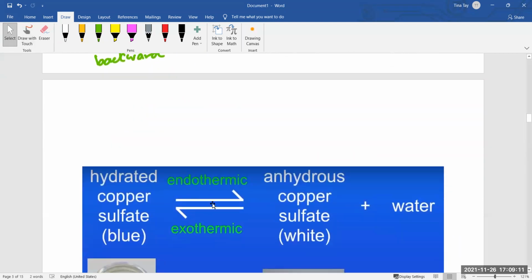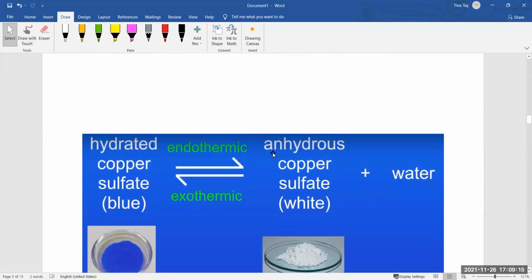Hydrated copper sulfate and anhydrous copper sulfate. Actually, what is hydrated copper sulfate? I'm sure you all remember copper sulfate is supposed to be blue, right? We did it in electrolysis last time.